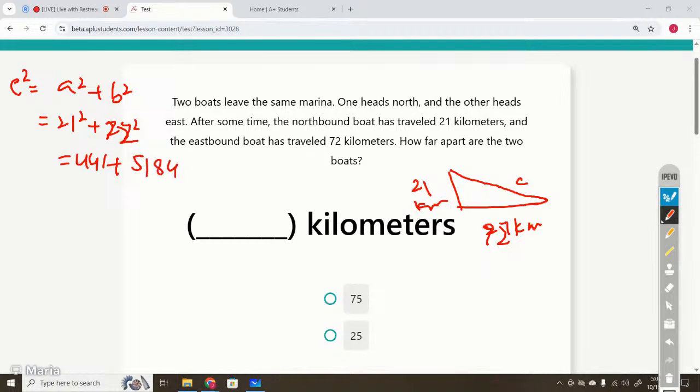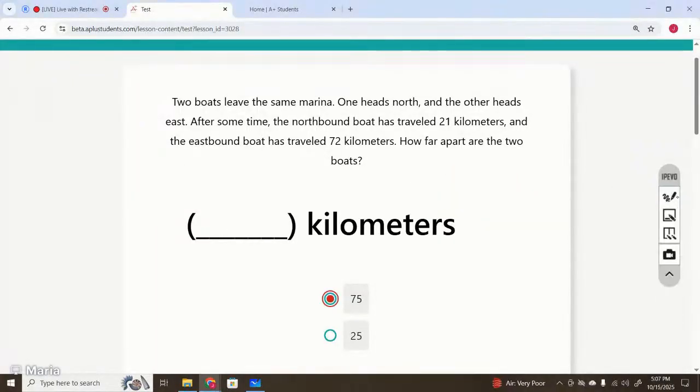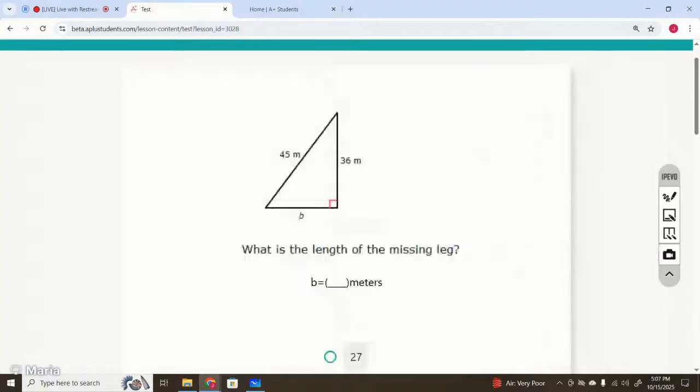So just add 5184 plus 441, that is 5625. Let's calculate the square root of 5625, that equals 75. Option number 1 is the correct option, that is 75.